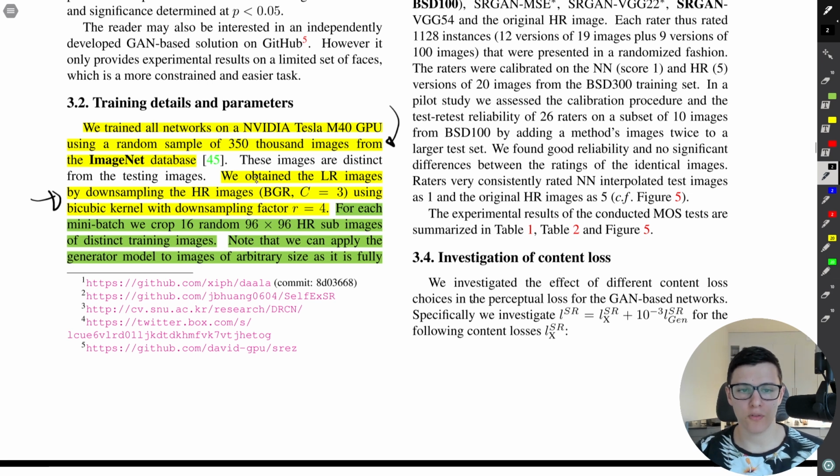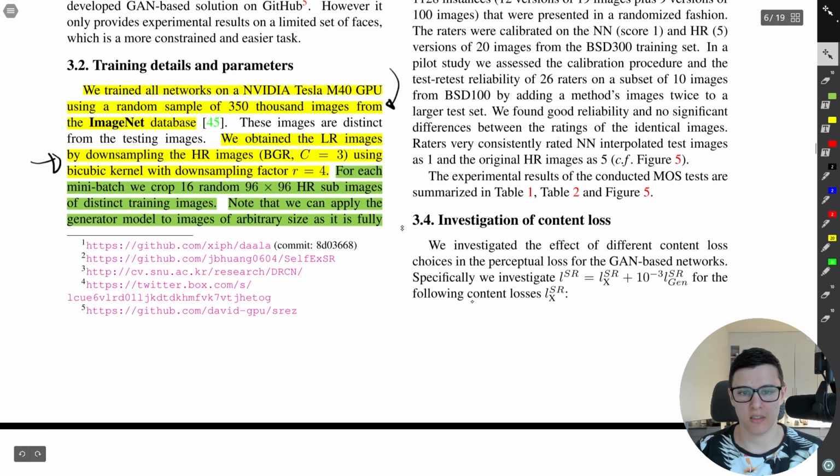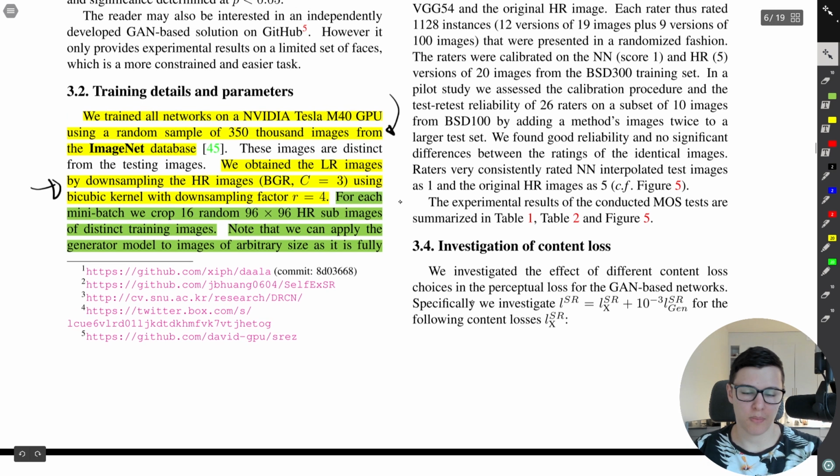And in fact, more recent papers will argue that this assumption is not very good, because the low resolution examples that you'll find in the wild don't really hold up to this. So people have started using other things like blurring the image and stuff like that. But that is what they used for this paper.